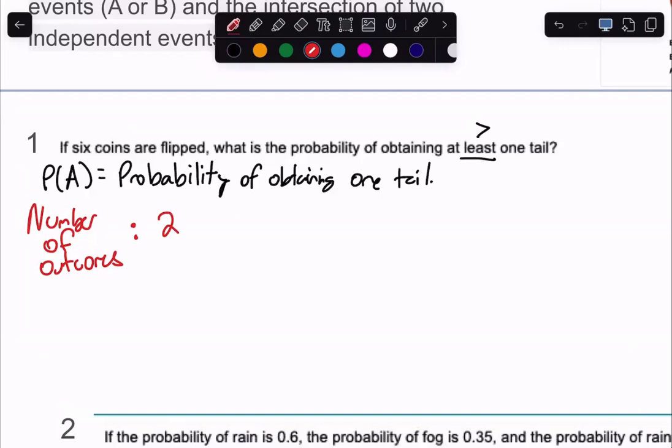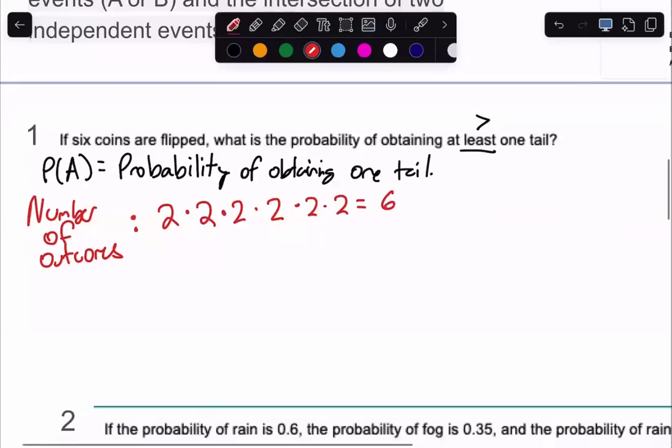If you flip 2 coins, you still have 2 possibilities for each coin. So if you flip 6 coins, it'll be 2 times 2 times 2, and so on, 6 times. Flipping a coin 6 times will give you 64 outcomes.